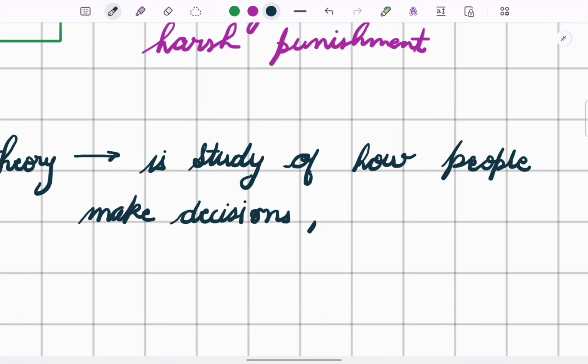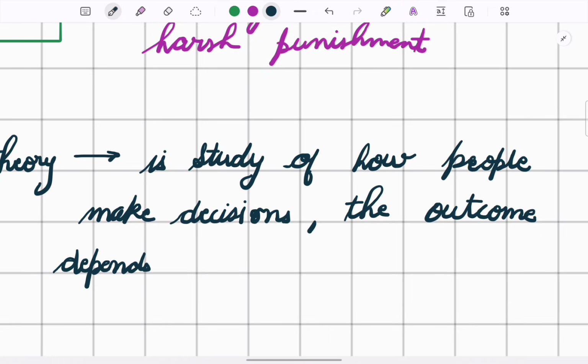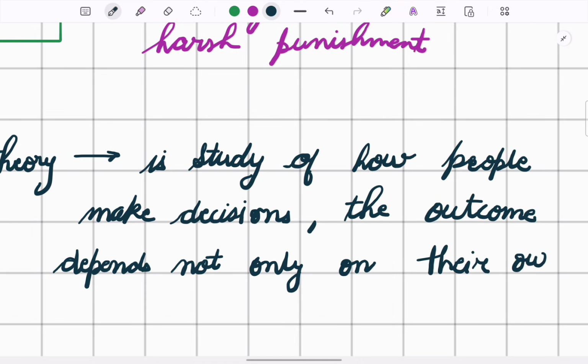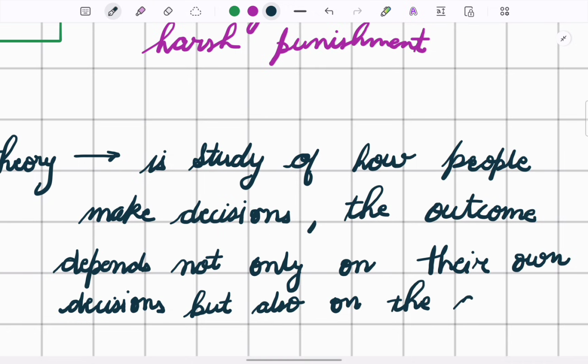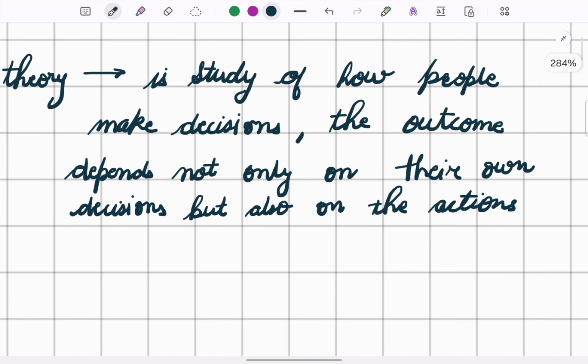and they know that the outcome of their decision depends not only on their own decisions but also on the actions chosen by others.